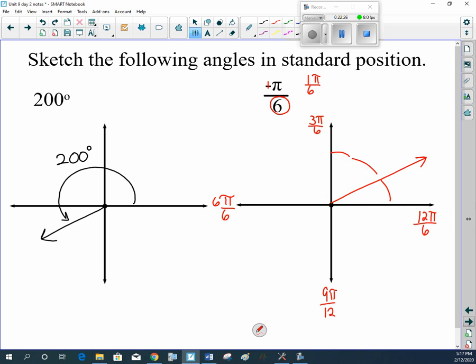That would be 1 pi over 6. Well, it's not positive, it's negative. So I need to rotate that same amount, but clockwise. So a negative 1 pi over 6 is right here. That's a negative pi over 6.